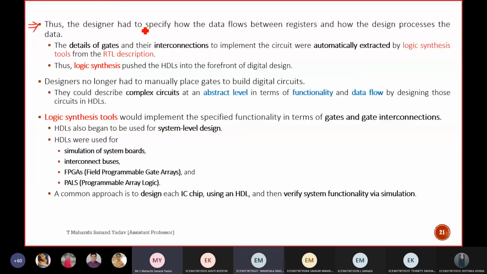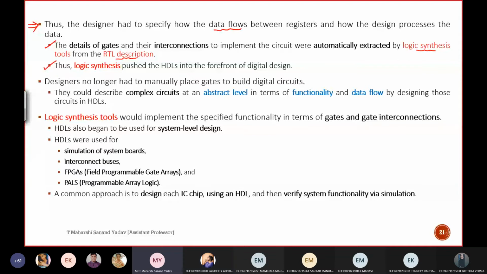Thus, the designer had to specify how the data flows between registers and how the design processes the data; the details of gates and their interconnections to implement the circuit were automatically extracted by logic synthesis tools from the RTL description. What is RTL description? Register transfer level. Register transfer level means generally you are describing some hardware.